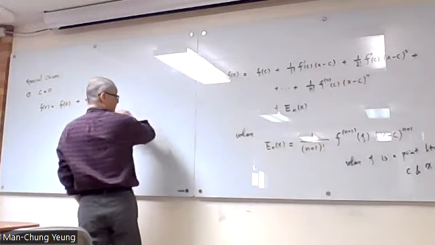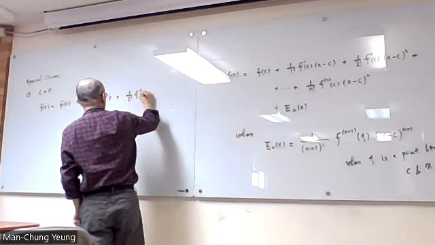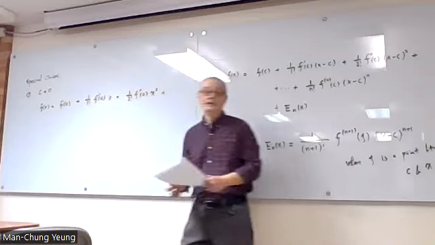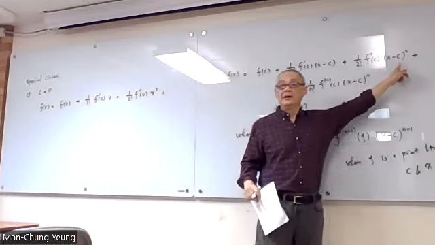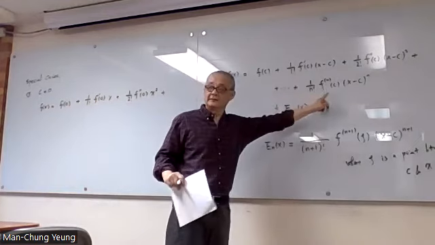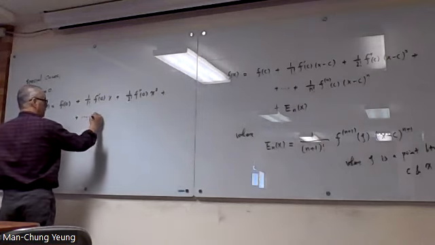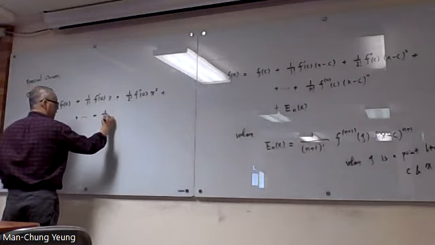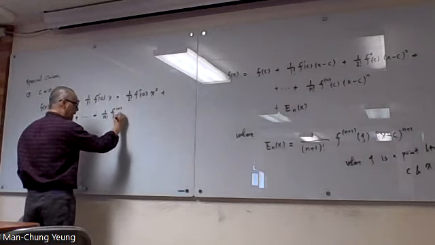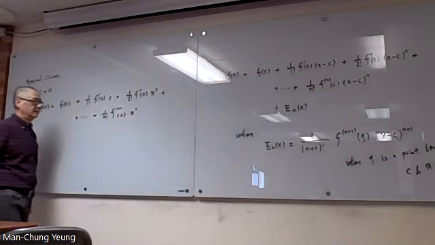And then plus 1 over 2 factorial times the second derivative at 0, times x squared, and so on, plus 1 over n factorial times the derivative of order n at 0, times x to the n.